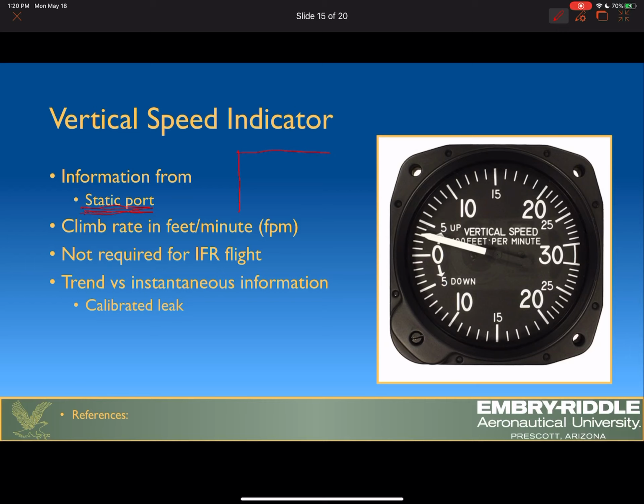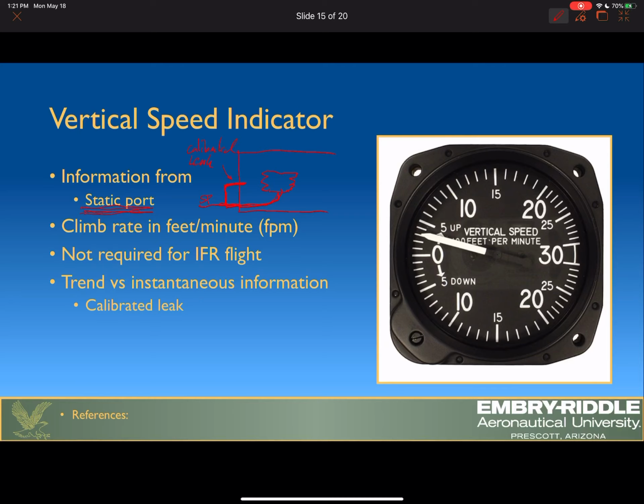Inside the case for the instrument, let's say we have that aneroid wafer, that little diaphragm, that is directly connected to the static port. So let's say this line here represents the static port. There is another line connected to the static port that also goes inside the case. But this line has a calibrated leak.